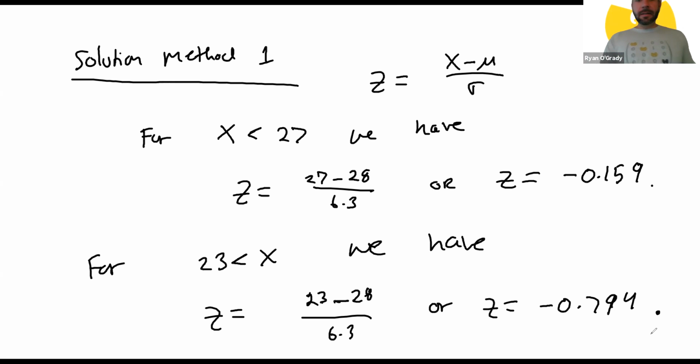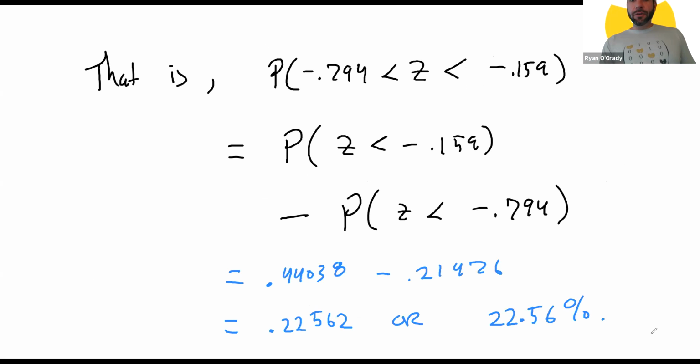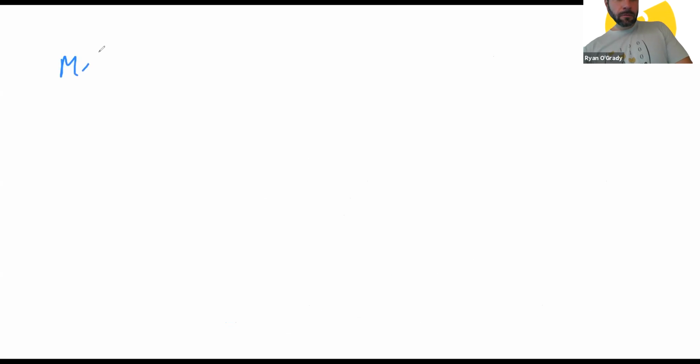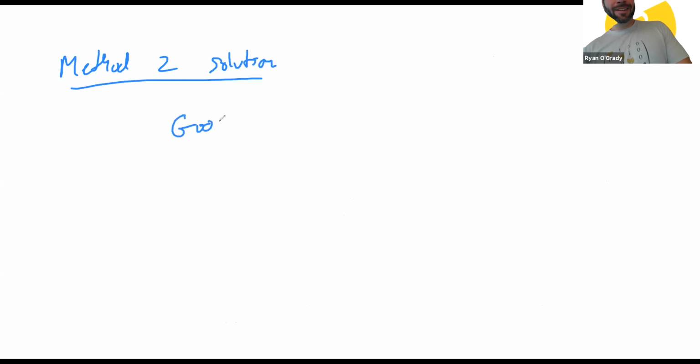So let's now say method 2. How did we do this problem, method 2 solution? Here's what I did. I Googled normal calculator, and I didn't even spell it correctly.